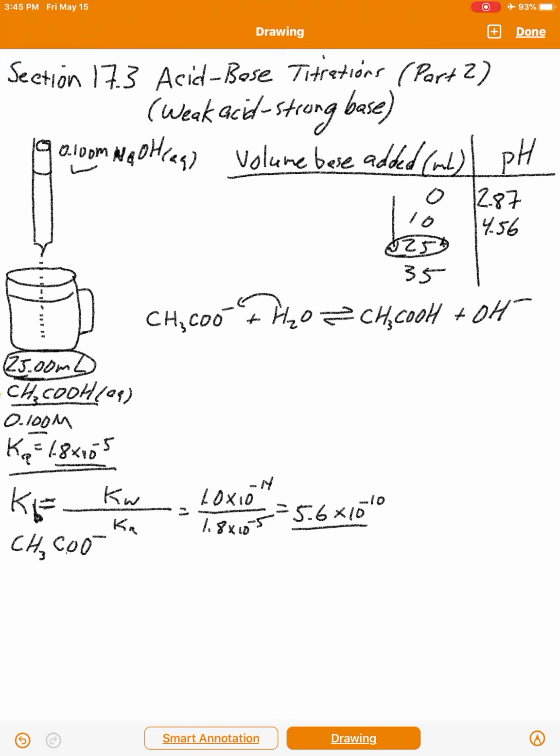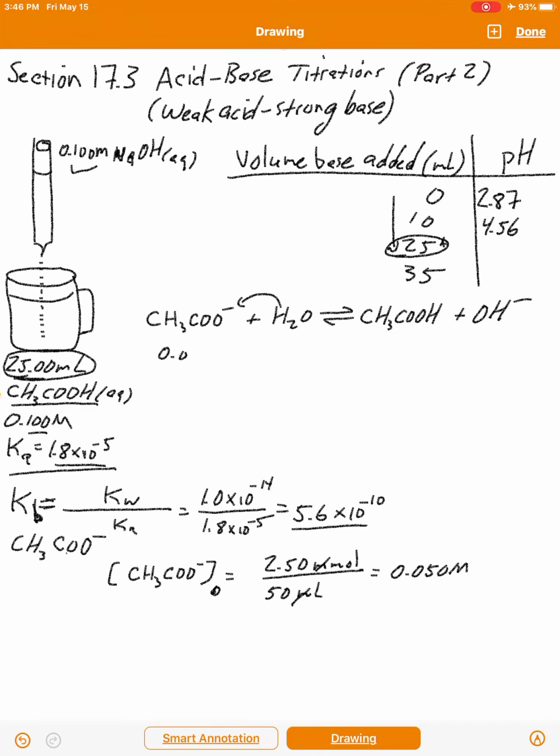So that means that the initial concentration of acetate would be 2.50 millimoles divided by 50 milliliters. Okay, so that's 0.05 molar. Right, the millis will cancel, it's moles per liter, so that's molarity. 25 over 50 would be 0.5, so 2.5 over 50 would be 0.05.